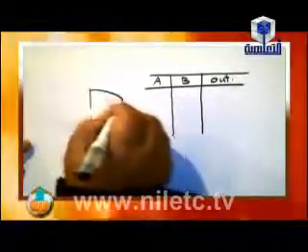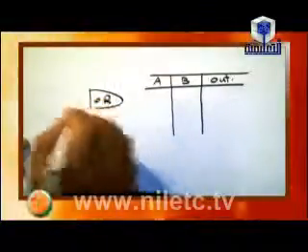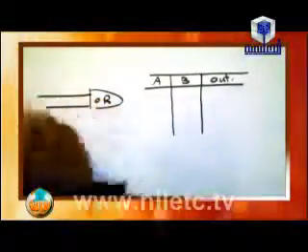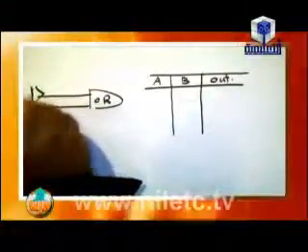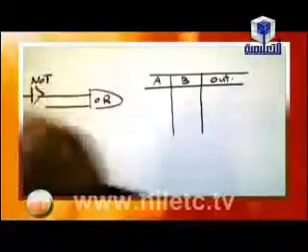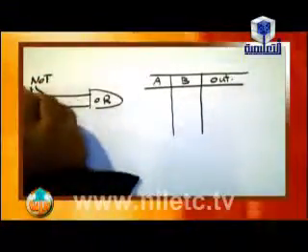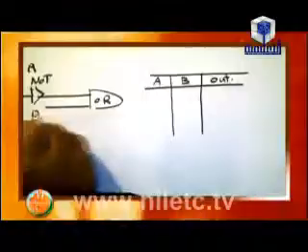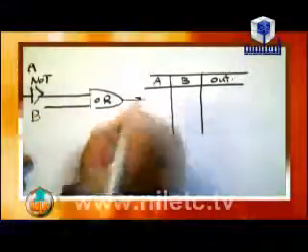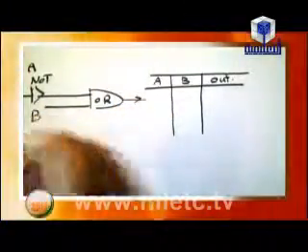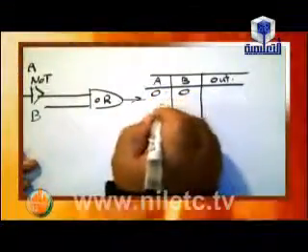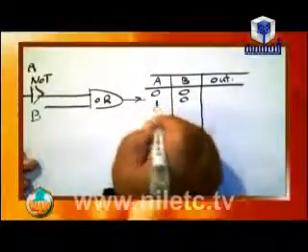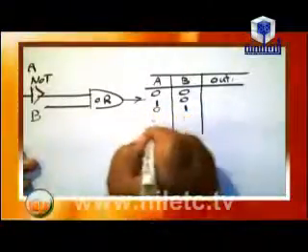The circuit is an OR gate that has two inputs connected to NOT gates, A and B. A and B are 0 0, 1 0, 0 1, and 1 1.